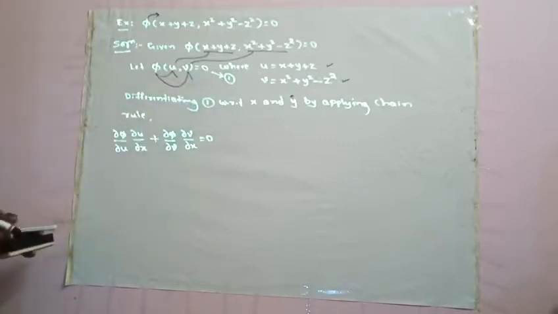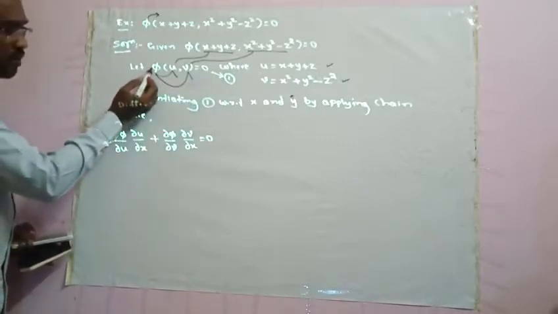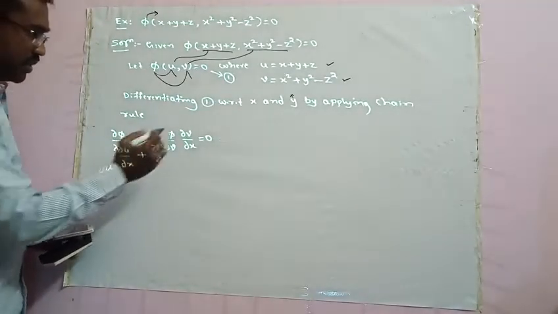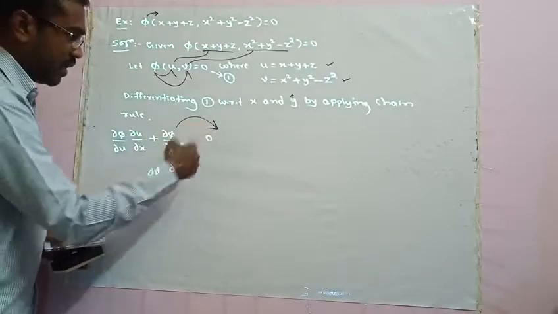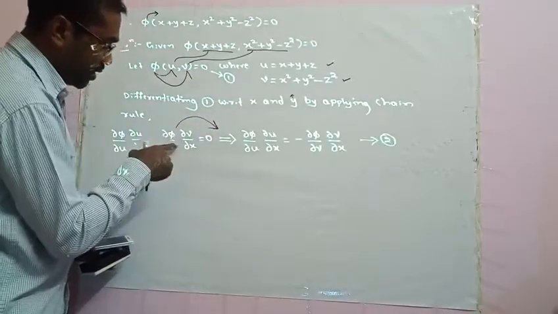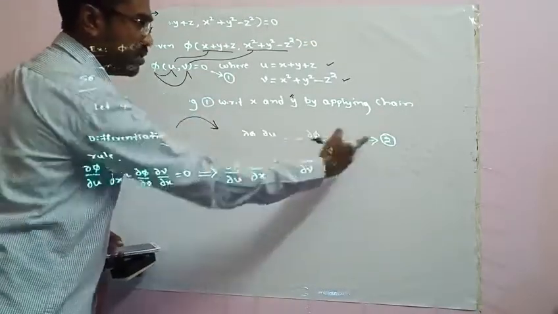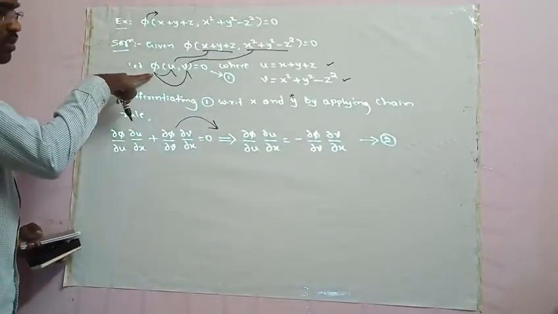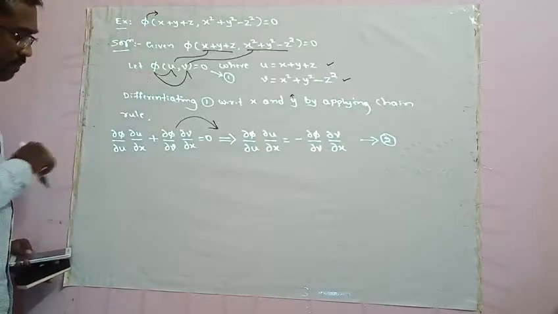Before that, let us take this term to the RHS and call it equation 2. Now let us differentiate phi with respect to y.